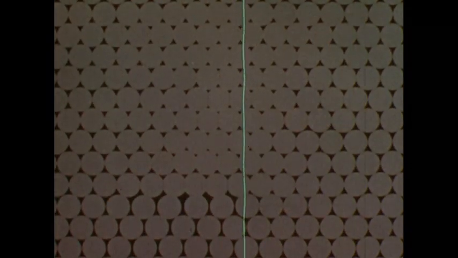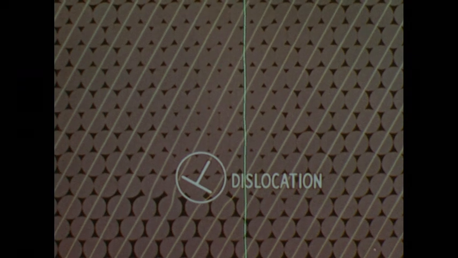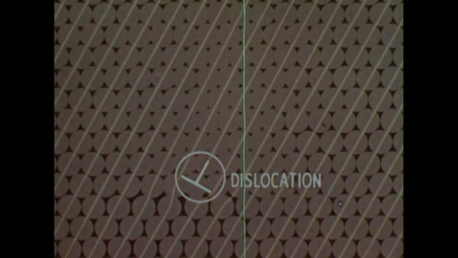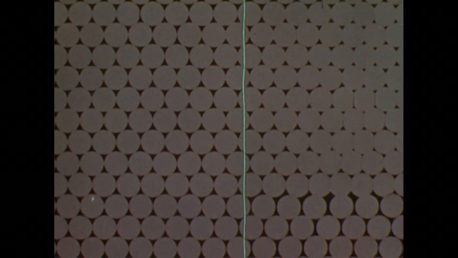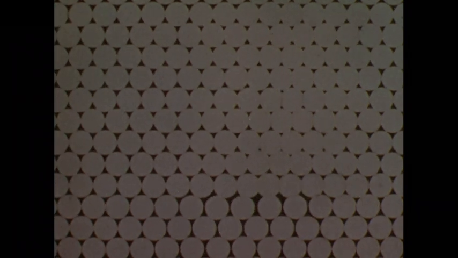If part of a plane is left out, the atoms adjust as well as they can. The part where the misfit is localized is called a dislocation. This is the kind of defect we now believe to be largely responsible for plastic flow in metals. It makes it easier for the atoms to change partners.